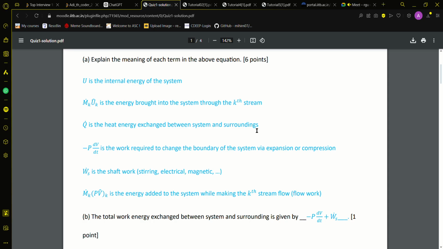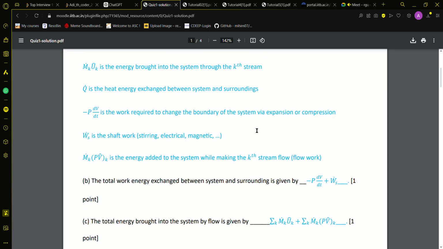The answer to this question would be the following terms: minus P dV/dt plus Ws dot, since shaft work is being done on or by the system, and there's the compression or expansion of the system that is given by the dV/dt term.